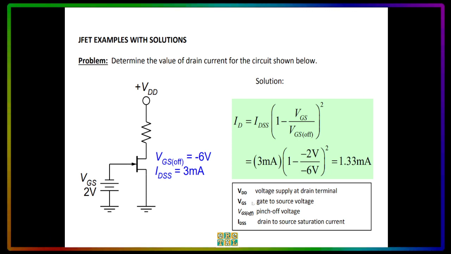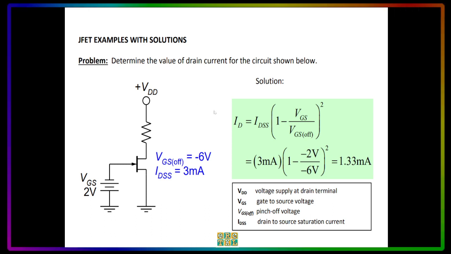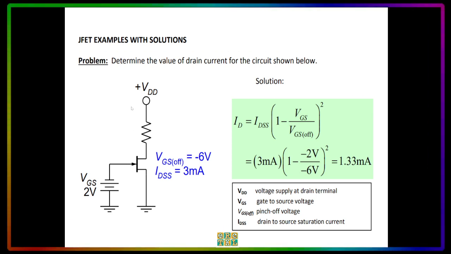For those who don't know, VDD means the voltage supply at the drain terminal. In this drawing, we did not put a voltage source symbol here. We simply put a small circle symbol with VDD. So this represents the voltage supply at the drain terminal. Now the VGS is the gate to source voltage.